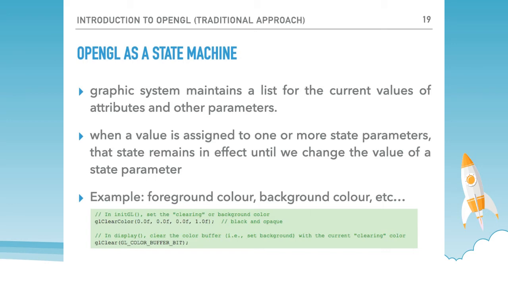When we assign a value to one or more state parameters, we put the system into that particular state, and that state remains in effect until we change the value of a state parameter.